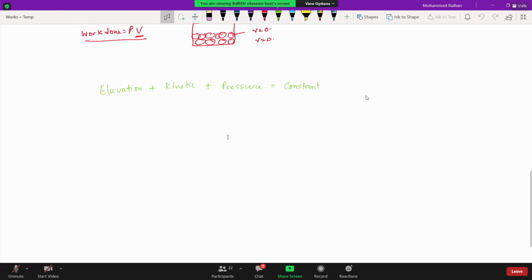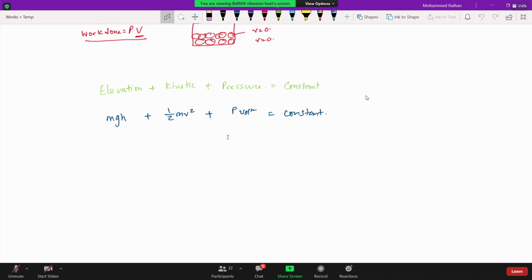So potential energy is mgh, plus kinetic energy is half mv square, plus pressure energy is PV, P into volume, equals a constant, right?